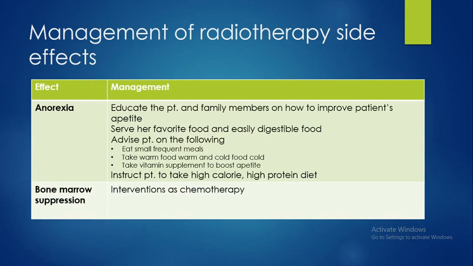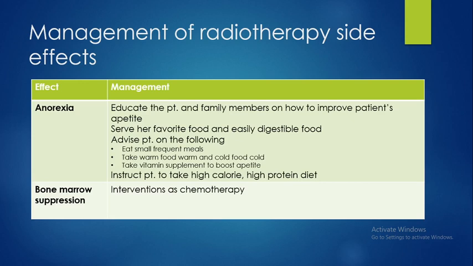Right. Then we have another side effect, that is anorexia. Here we have got to educate the patient and family members on how to improve the patient's appetite and serve his or her favorite food, and favorite as in any easily digestible favorite food.